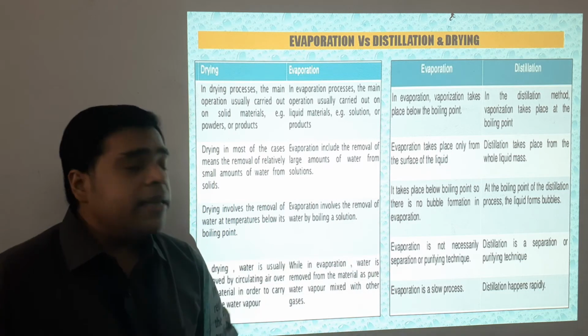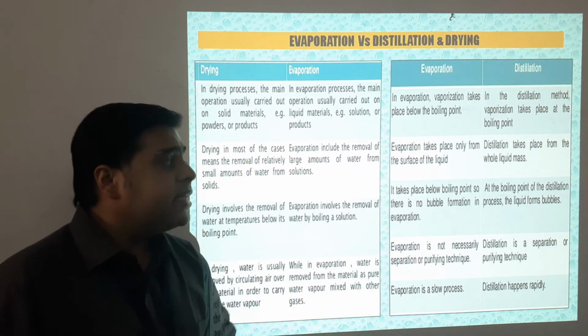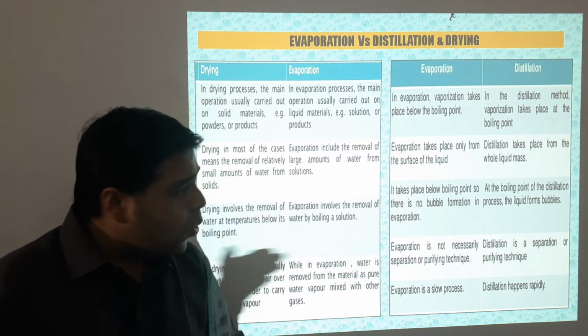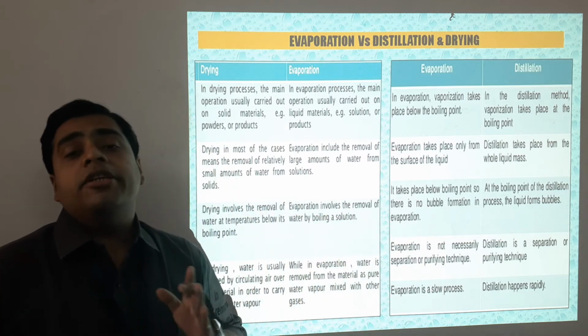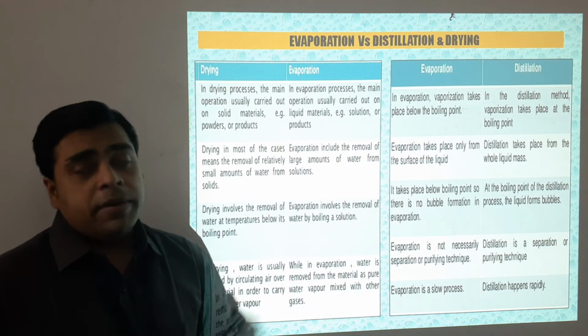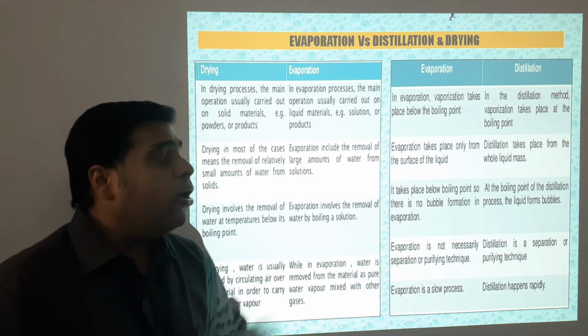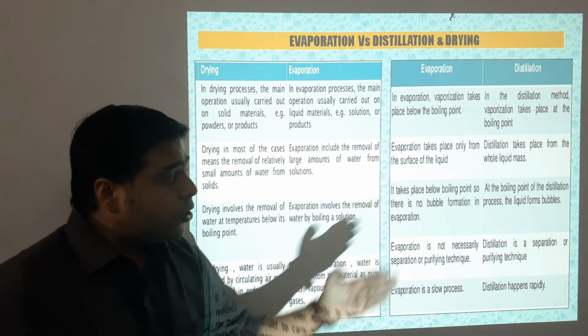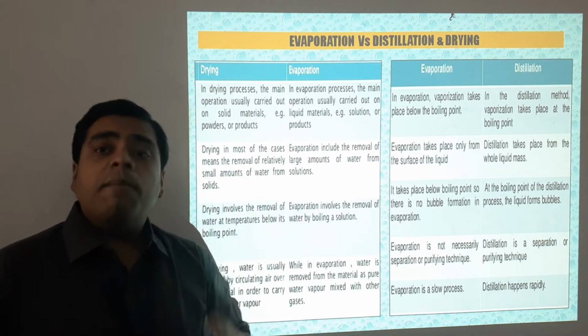Next, the evaporation process takes place below the boiling point, so no bubble formation occurs in evaporation generally, whereas in distillation, since it takes place at the boiling point, the liquid can form bubbles.